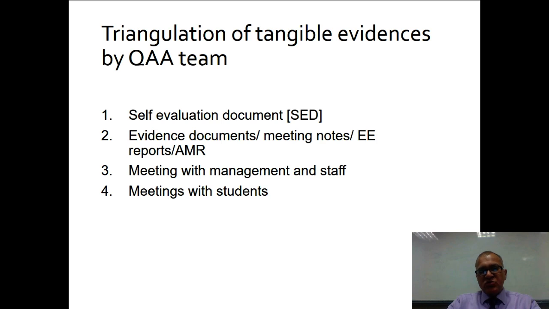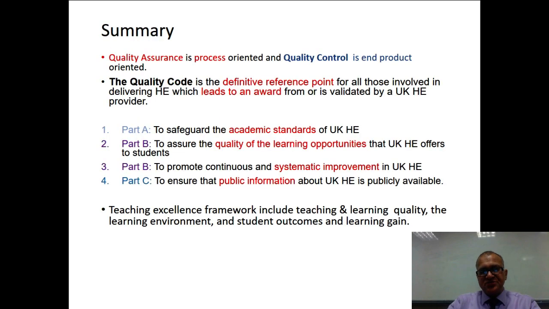They will also be meeting with management staff and students so that they can triangulate evidences from at least 3-4 different sources to arrive at the conclusion that your institution is meeting academic standards, enhancing learning opportunities, and releasing reliable, valid public information. So summarizing, the quality code is a definite reference point which leads to an award. It has 3 parts: academic standards, learning opportunities and enhancement, and public information.